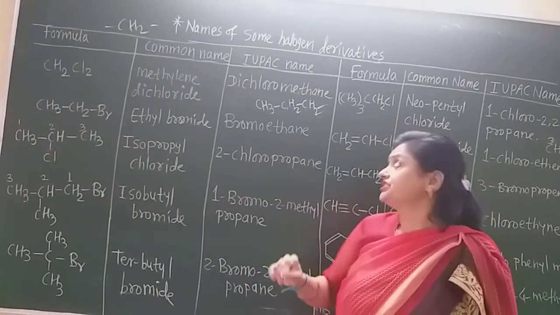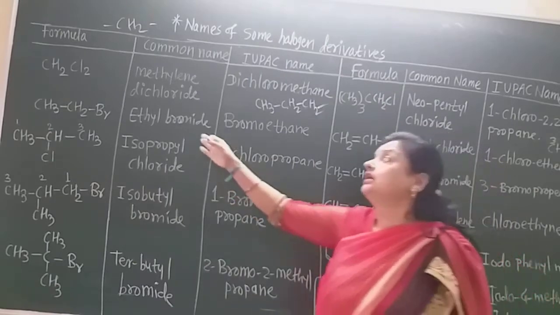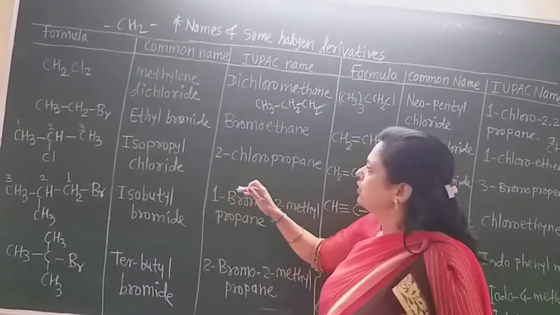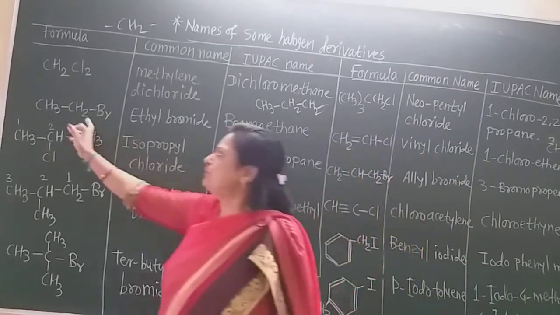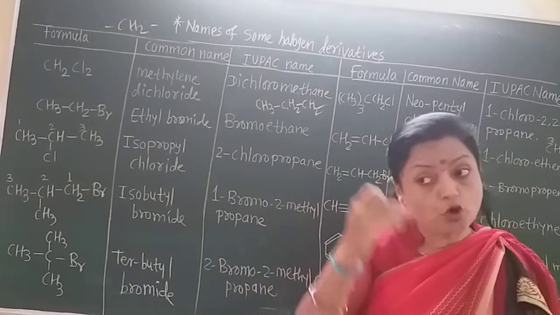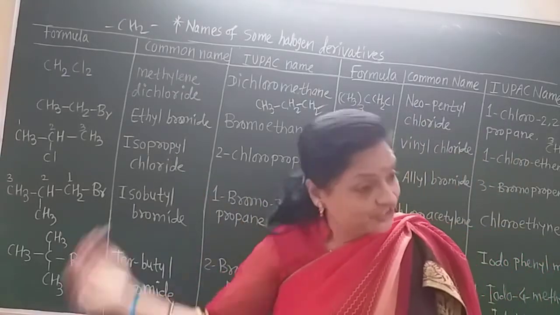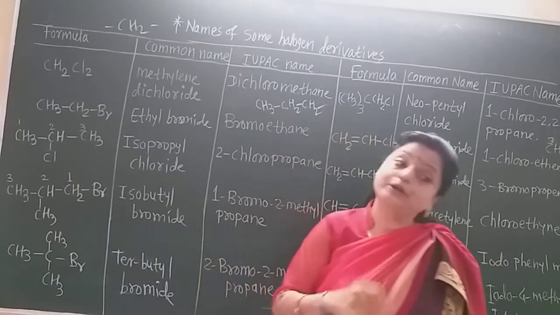If you understand the alkyl group, you can easily give the common name to such a compound. In ethyl there is only one type of grouping, there is no iso or secondary in methyl and ethyl, but from propyl the iso and tertiary groups start. Tertiary groups are generally in the butyl groups.